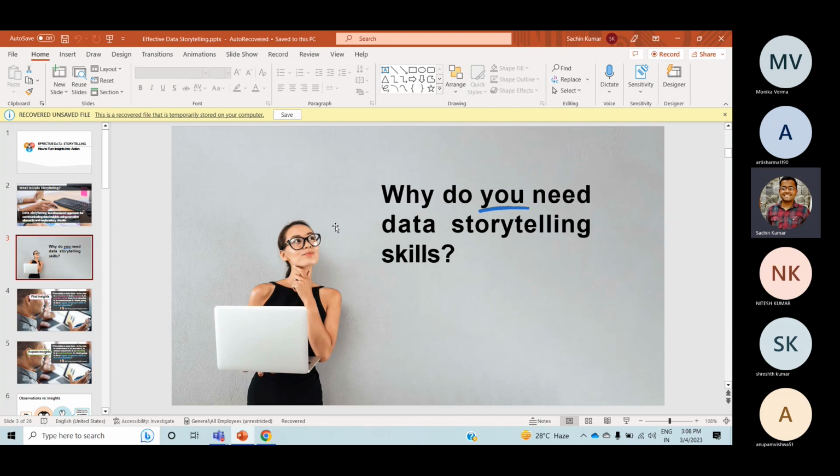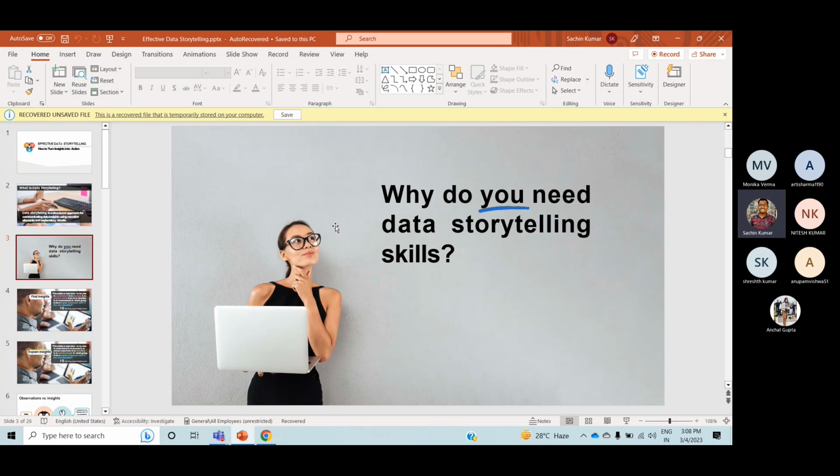If you have learned data storytelling, you can give data story insights about your projects and models. So data storytelling is a very good skill to analyze the current scenario. And many companies have begun including data storytelling as a required skill in their job descriptions.